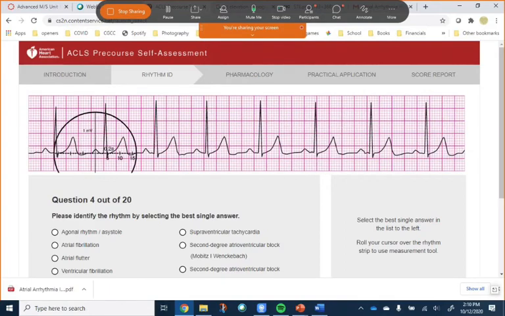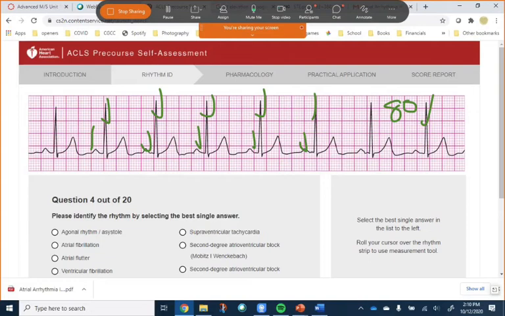We just go through and do our 1, 2, 3, 4, 5, 6, 7, 8. This rate is 80. So I am happy with the rate. We have a good QRS. We've got a PQRS, PQRS, PQRS, PQRS. So I'm happy here. We look at the normal narrow QRS, and we're looking at the PR intervals.